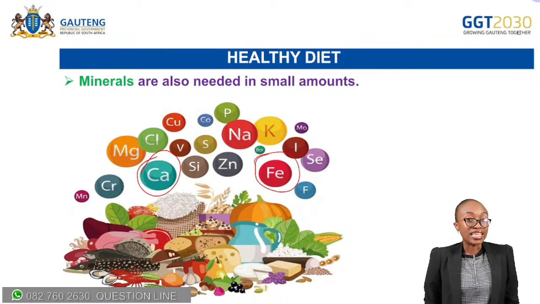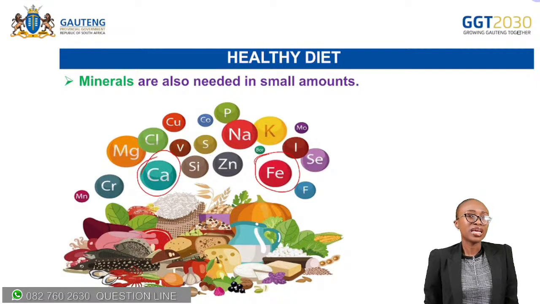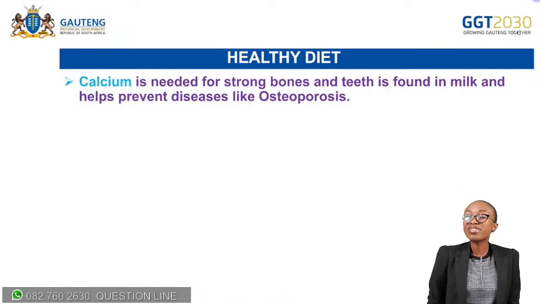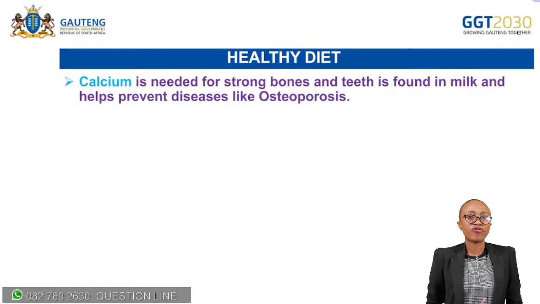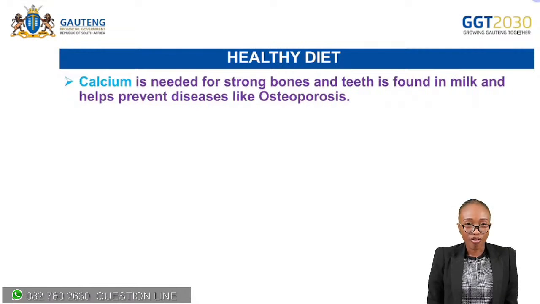Right, let's move on and see what we benefit from eating calcium. So calcium is needed for strong bones and teeth. So to make sure that your bones are very strong, that you don't break them every time you fall, or to make sure that your teeth are very strong and that they don't break every time you chew a bone.